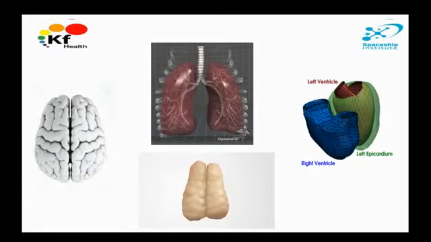In the next slide, it's important to make a comparison between the shape of the brain, the shape of the lung, the shape of the heart, and the shape of the thymus. As you see, all of them contain two parts, left and right, and they are very similar in their shapes, especially the brain, thymus and lung.